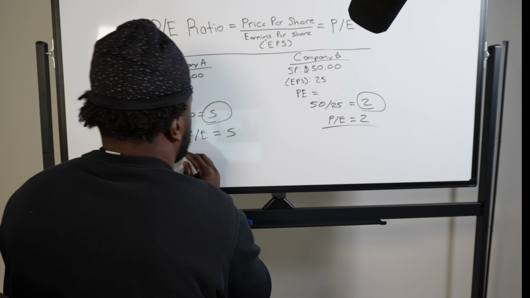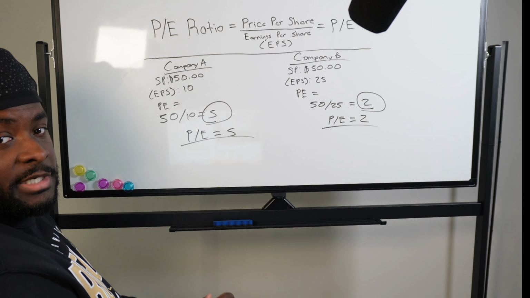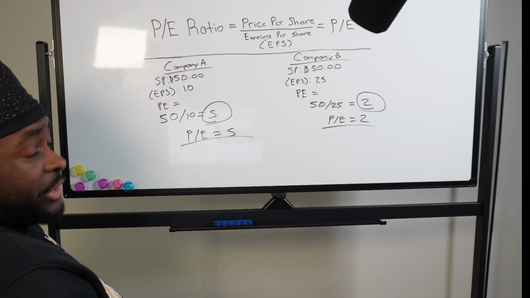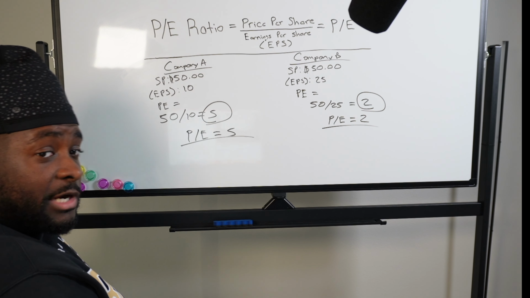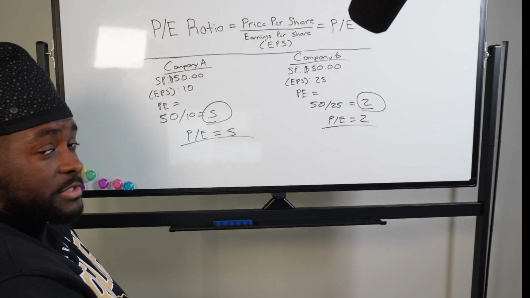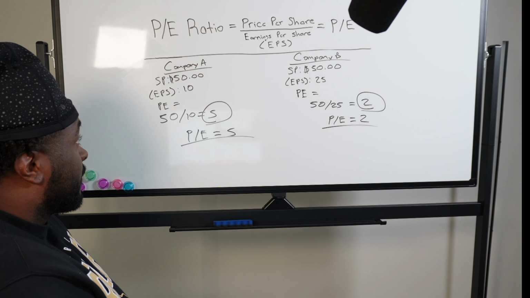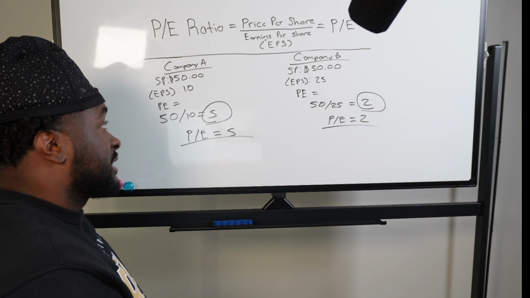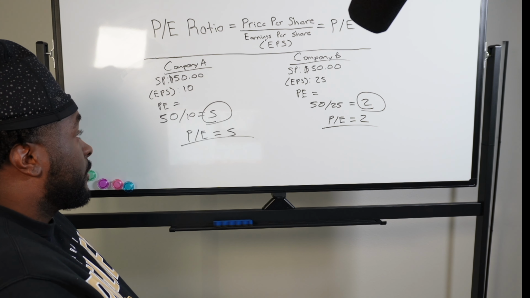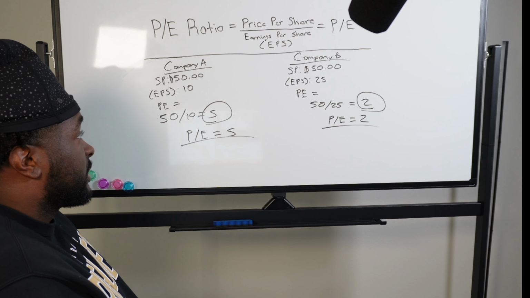Now when you're looking at this, right now we're trying to decide which one is the better deal. We're assuming that company A and company B are two stocks in the same sector. They both have the same share price of $50. Now we need to be able to discern which one is the better deal. Okay, so let's look at earnings per share.